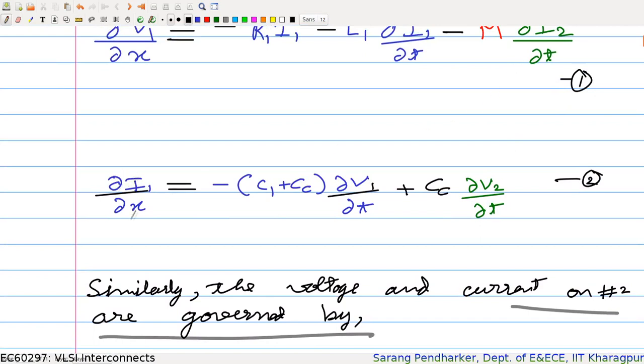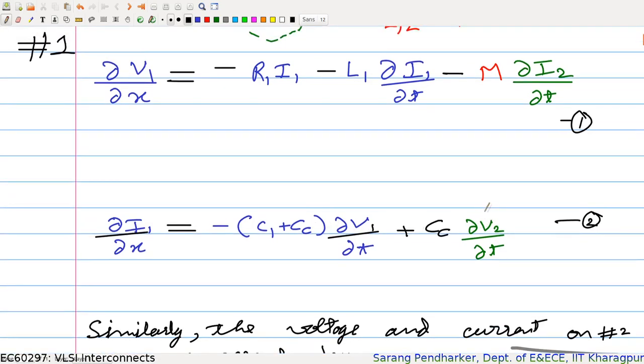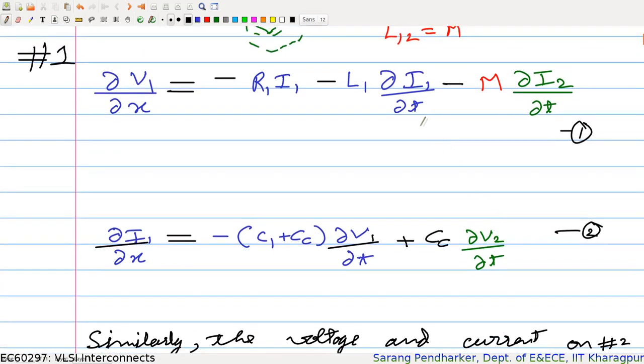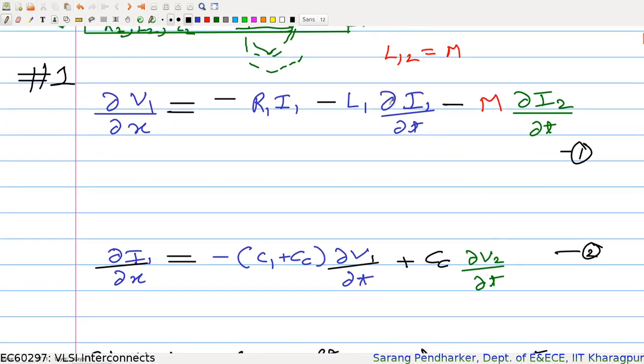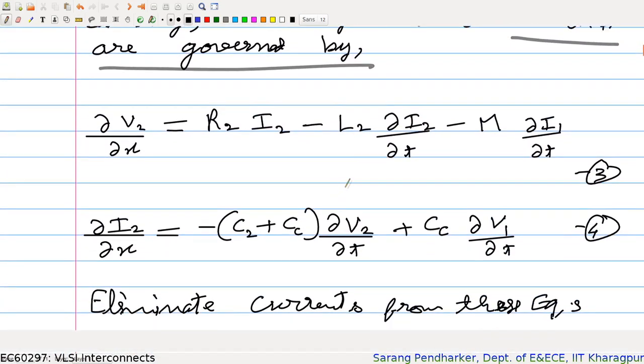And similarly, when you differentiate this with respect to time, you will get a term of V2 as well. So this V2 term will also come in here. I would strongly recommend that you stop this video and eliminate the currents from these equations.